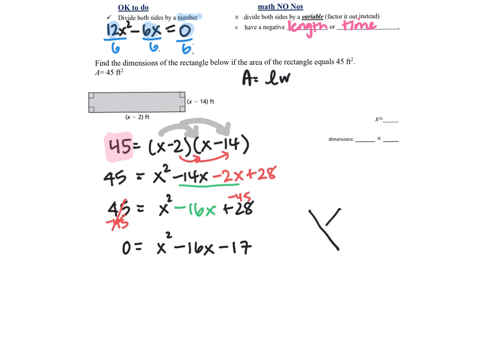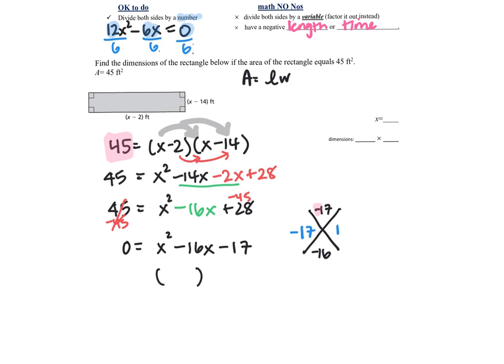So we have to pause for a moment and ask ourselves, what two things will multiply to give me a negative 17 and together will give me a negative 16? Again, it's a minus sign, so you are looking to find two things that multiply to give you 17 and subtract to give you 16, and it's 17 and 1. We want it to equal negative 16, so we want it to be a minus 17 plus 1.